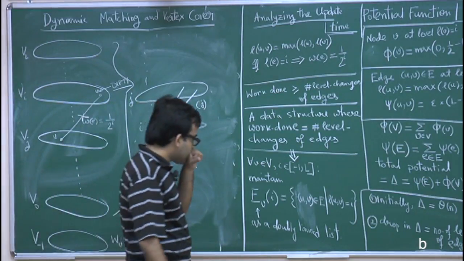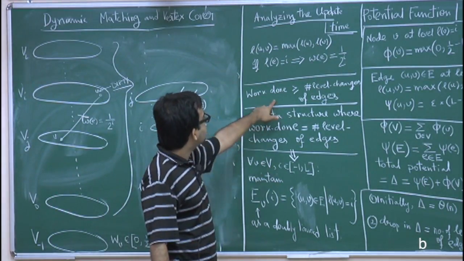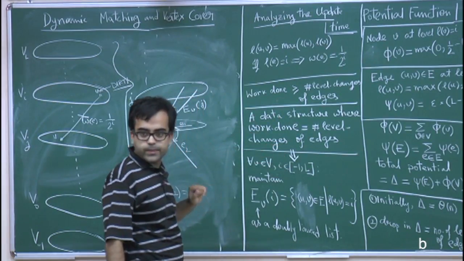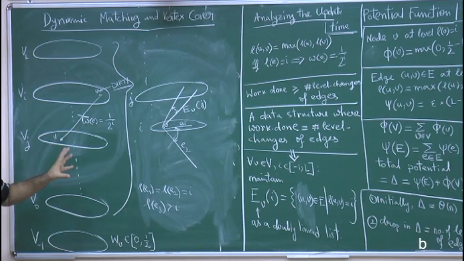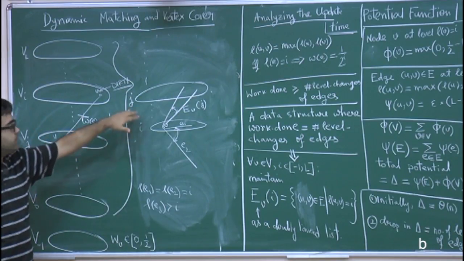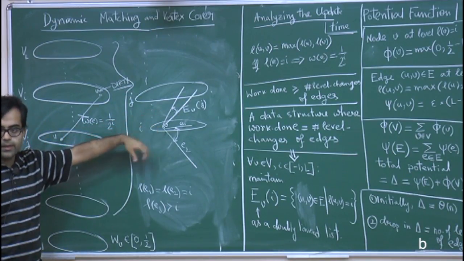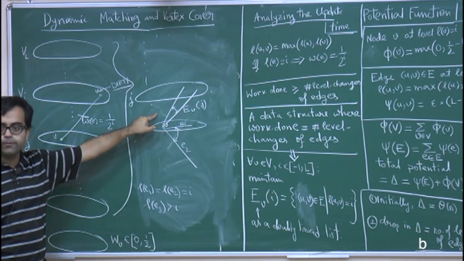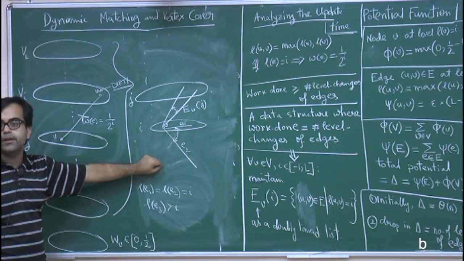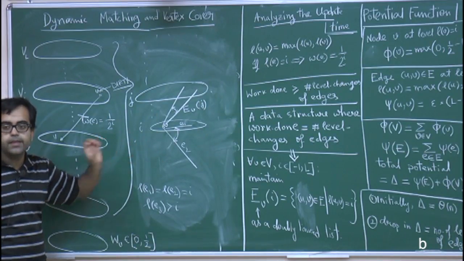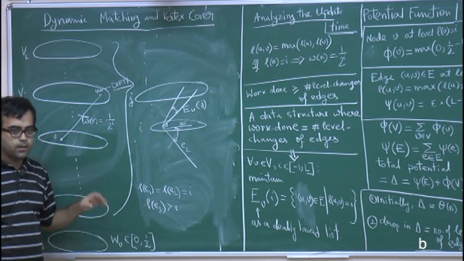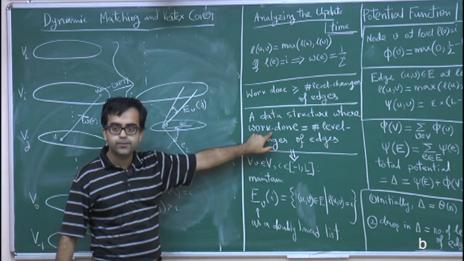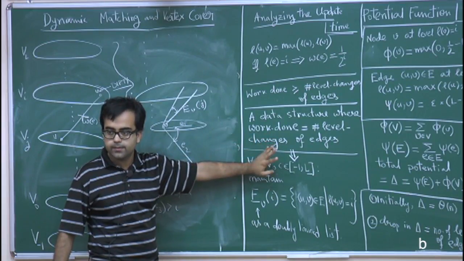Okay. So, now what do we want to prove? We want to prove that the work done by this data structure is proportional to the number of level changes of edges. Then it suffices to consider just one iteration of the while loop, which I had written here. In that while loop, what were you doing? You were either incrementing the level of a node by 1 or you were decrementing the level of a node by 1. This was the elementary operation that you were doing. So, if we can show that for each such elementary operation this statement is true, then we are done, right.